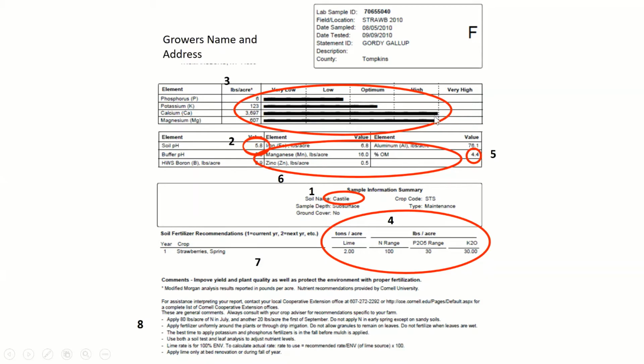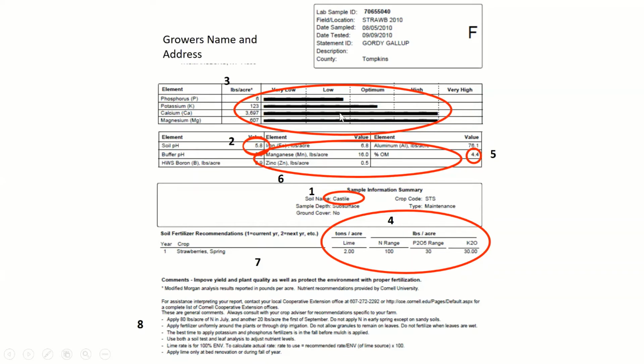So there's not a ton you can do about that, but it gives you an idea if you had a crop that was sensitive to one of those, which our fruit crops are not really, except for blueberries, that would play a part.